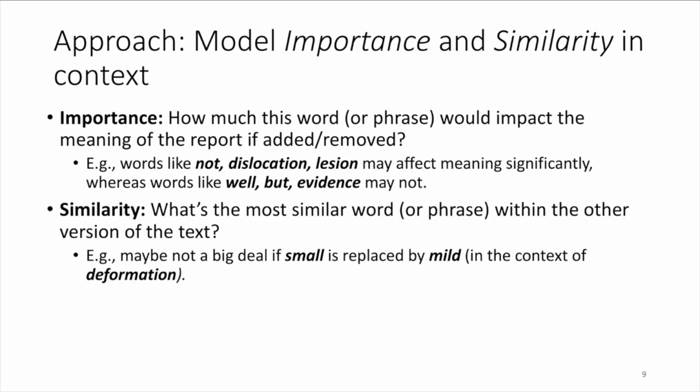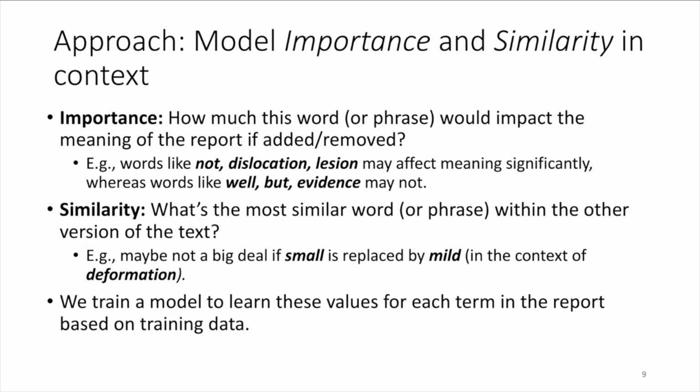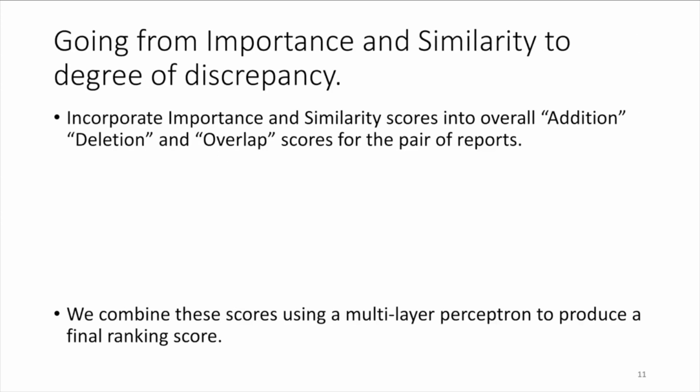We also measure similarity, so looking at what the most similar word or phrase is in the other version of the text. So maybe it might not be a very big deal if the word small is replaced with mild because it conveys a similar meaning. We use these two ideas to train a model to learn these values from a particular report based on training data that we collect.